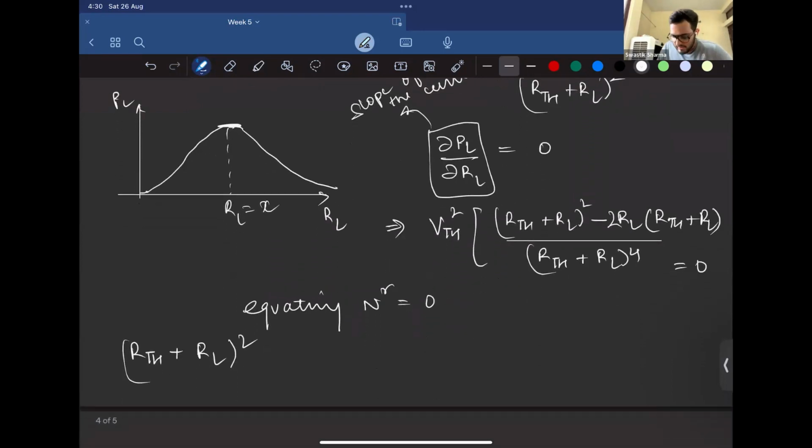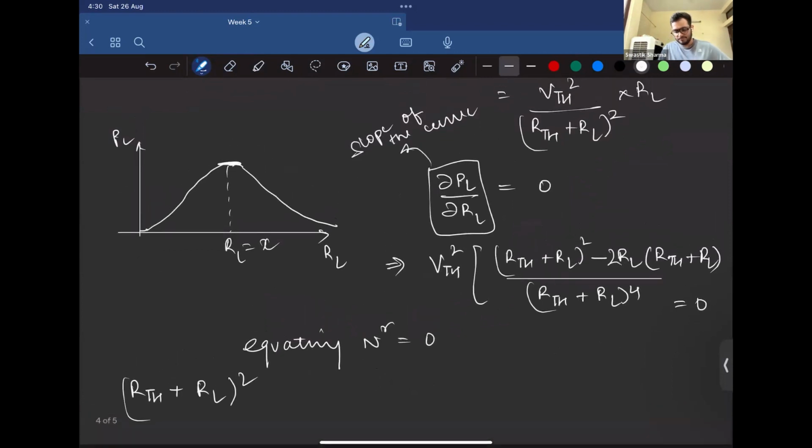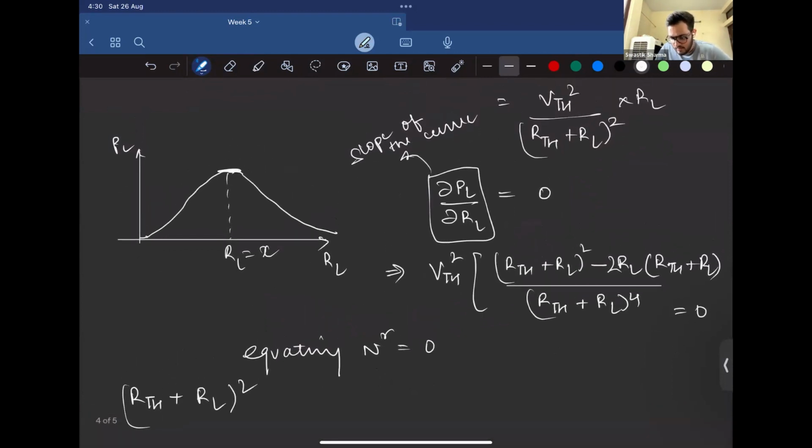So once doing that, we know how we do differentiation. It's denominator squared. And first we multiply the denominator with the differentiation of the numerator, which is just RTH plus RL whole squared. And we then take the numerator multiplied with the differentiation of the denominator, which is minus 2RL RTH plus RL, right?